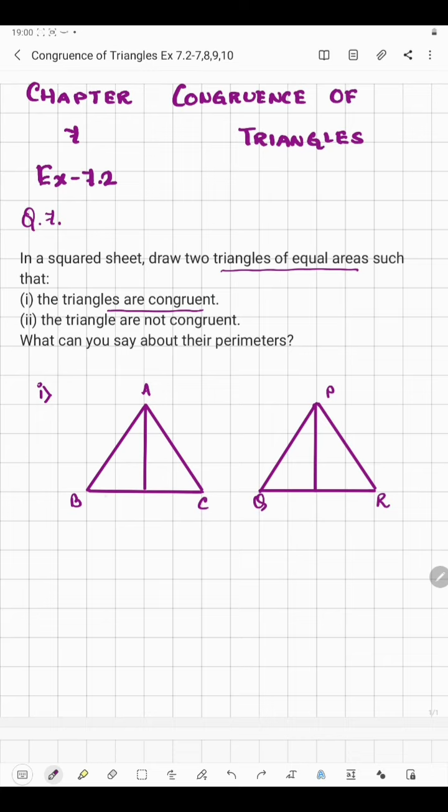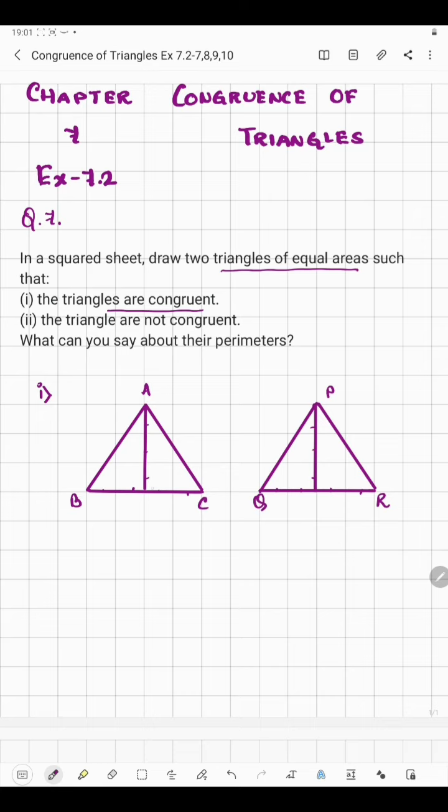Here we have taken 4 units to make the base, 1, 2, 3, 4, and for the height, 1, 2, 3, 3 units. 4 units for the base and 3 units for the height in both the triangles. And if we have the same base and the same height, then we will have the same area, right?